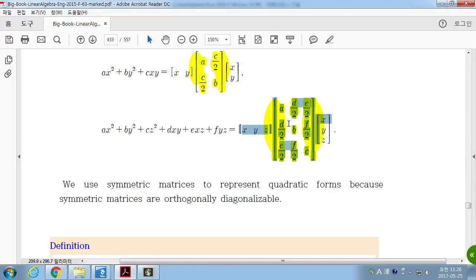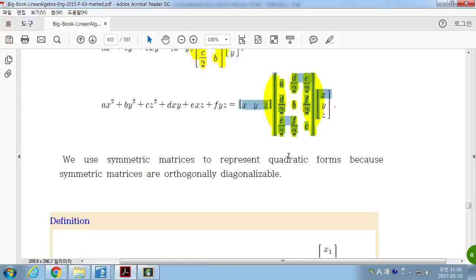That's very important. Asan, do you understand? So every quadratic equation can be written as a quadratic form with a symmetric matrix, which is orthogonally diagonalizable. Okay? Which you learned in section 8.3.